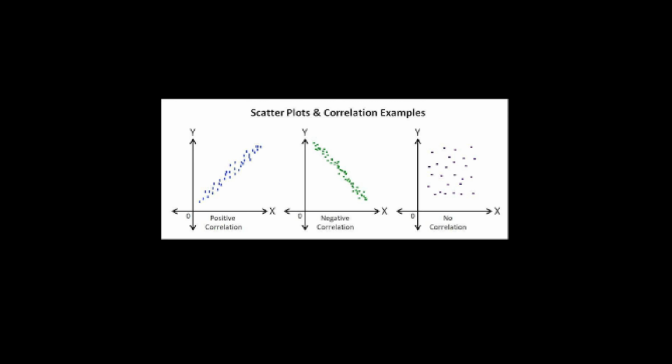The line would be straight across right in the middle. So positive would go up, there would be a downward slope for negative, and if there's no correlation, the dots are all over, and the line would be right through the middle, straight across. And that would mean that there's no correlation between them. There's actually no relationship at all.